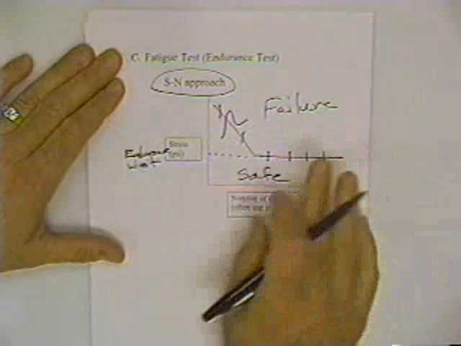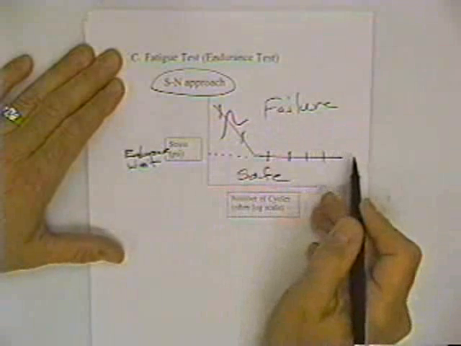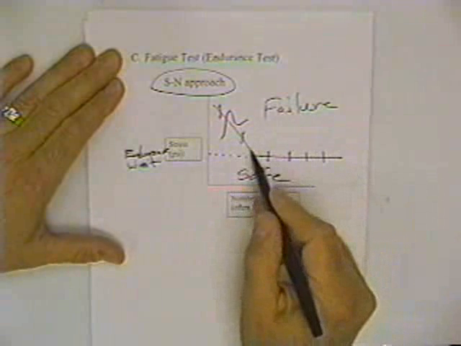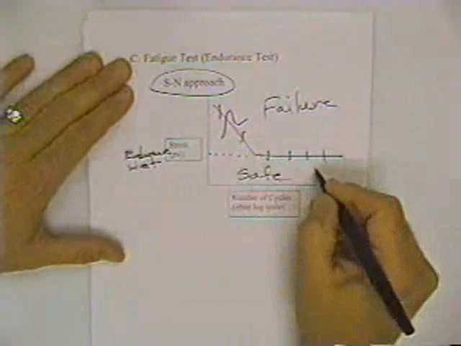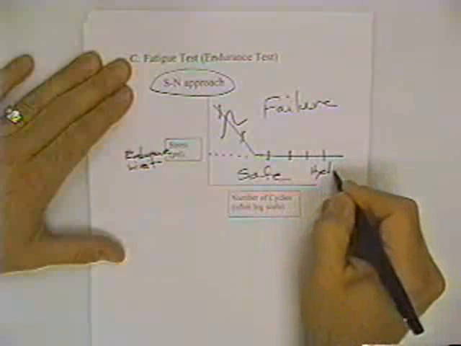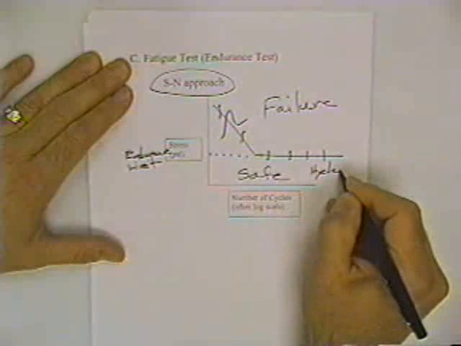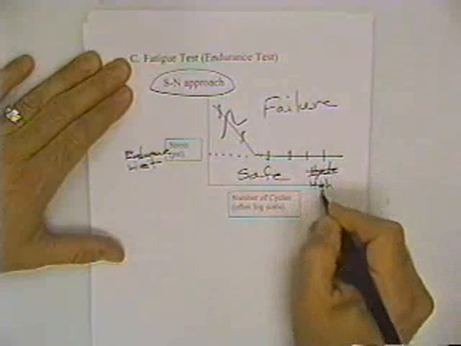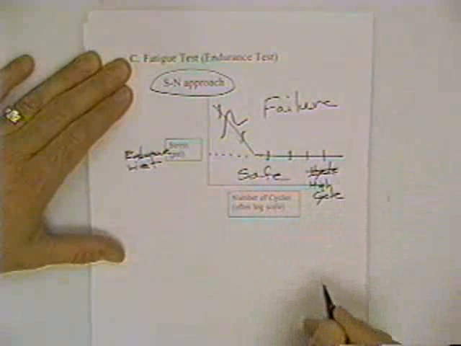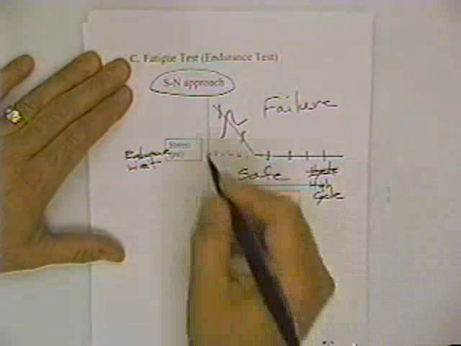Usually you have statistics. If you want a 50% chance of it failing here, that would be the solid line. This region in here is called high cycle, and that's low stress.